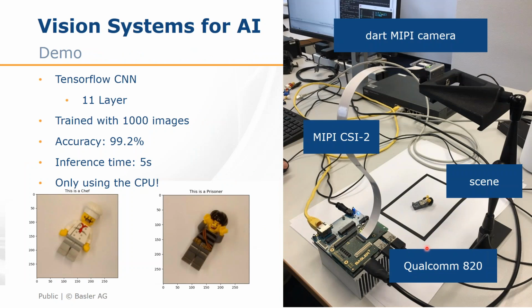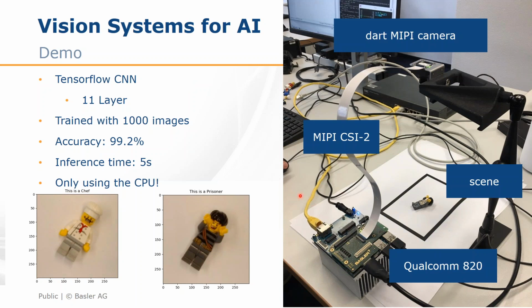One of our students set up this vision system where we trained a network. So we used a TensorFlow network with 11 layers. So this means we had 4 convolutional layers, 2 max pooling layers, 1 to flatten this, and I think 2 dropout layers and 2 fully connected dense layers at the end.